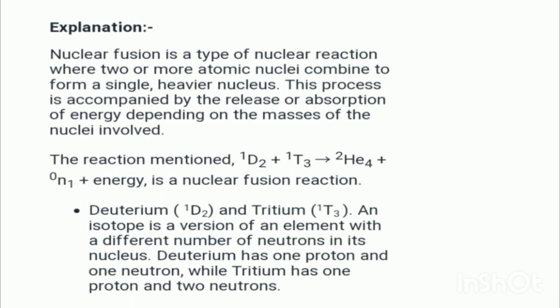Nuclear fusion refers to a reaction which happens when two light atomic nuclei combine and form a single heavier one, releasing a massive amount of energy. The combination of deuterium and tritium gives a stable nucleus of helium, which is a nuclear fusion reaction.